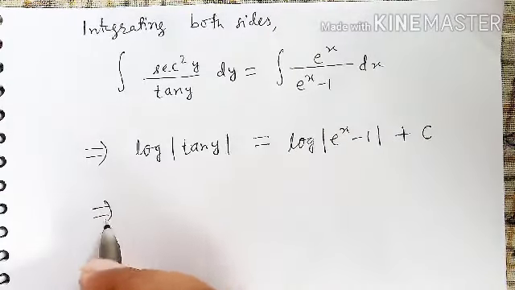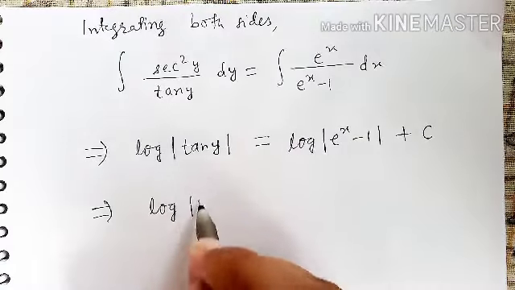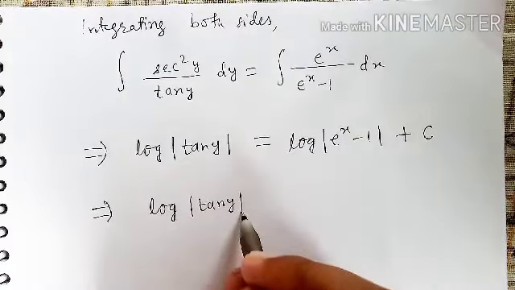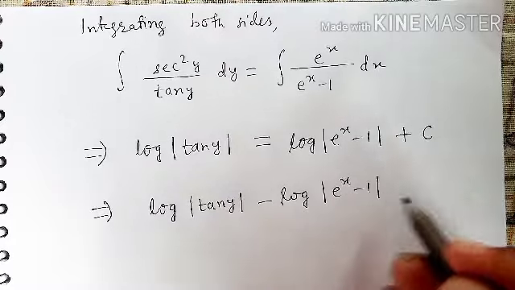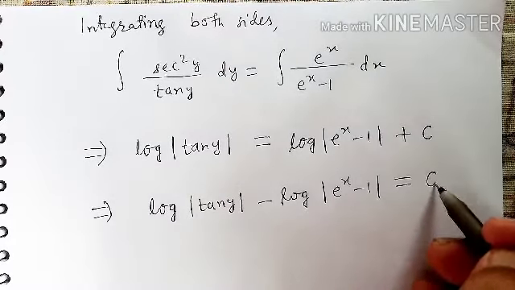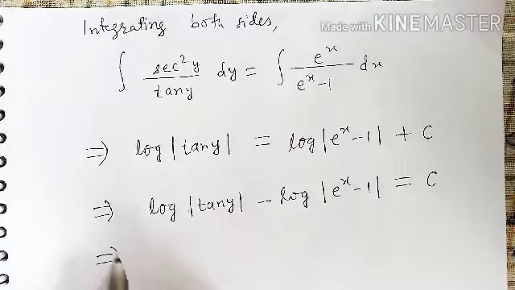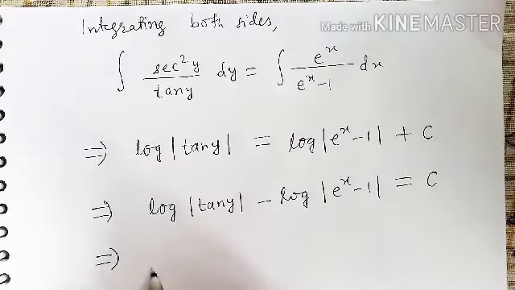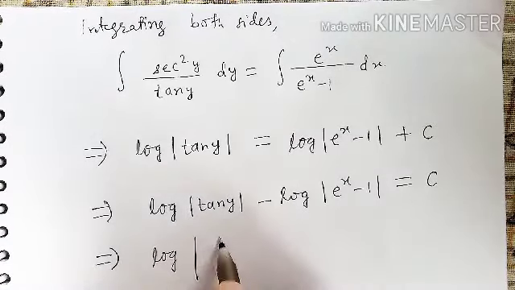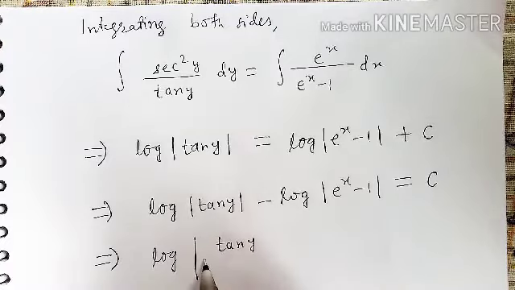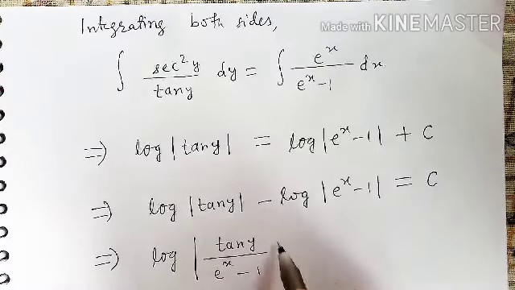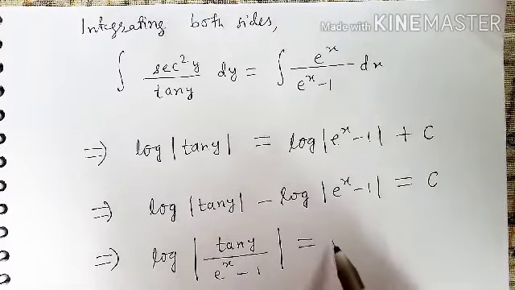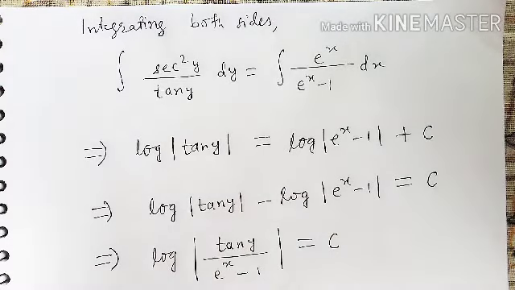Now this can be written as log mod tan y minus log mod e to the power x minus 1 is equal to c. This can be written as log mod tan y divided by e to the power x minus 1 is equal to c.